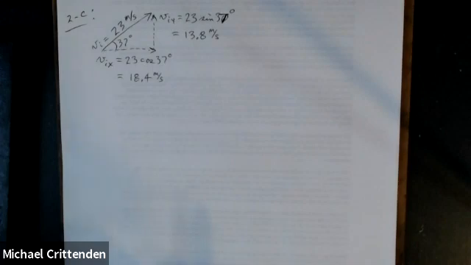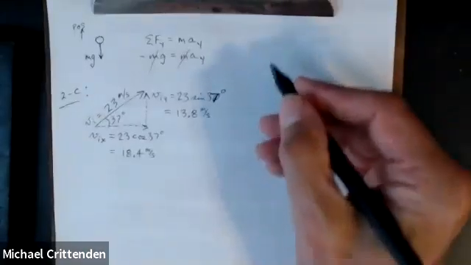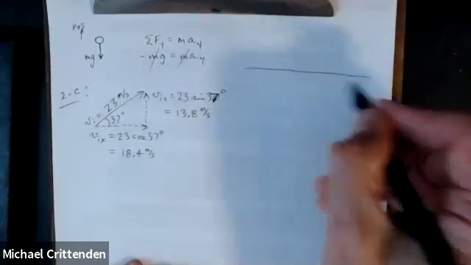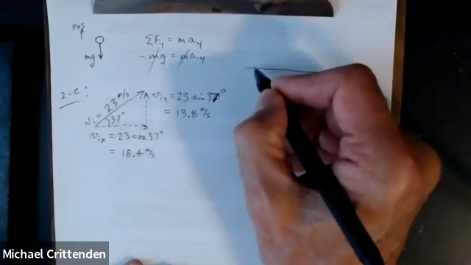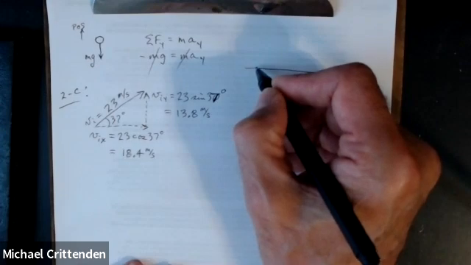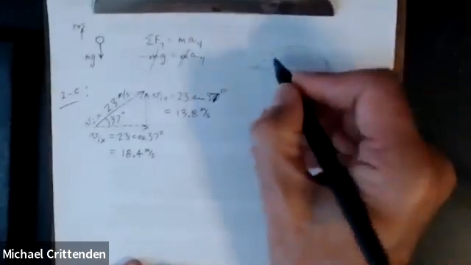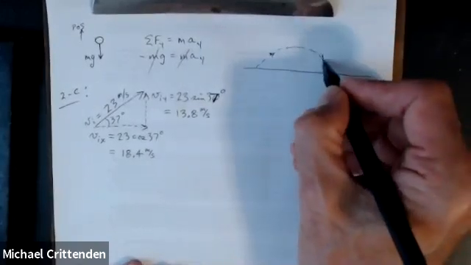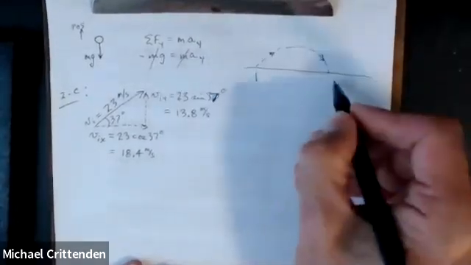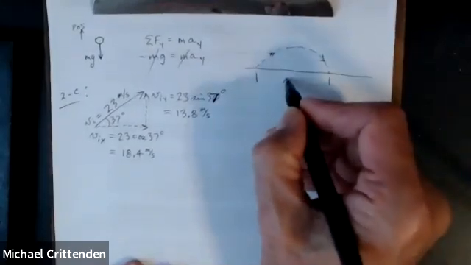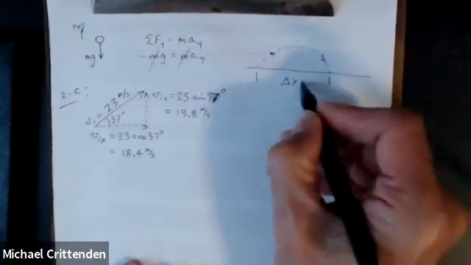But anyhow, the question is, maybe I'll draw a little sketch over here. So if there's the ground and you threw it over here, the ball goes up, comes back down. And from there to there is a distance delta x.